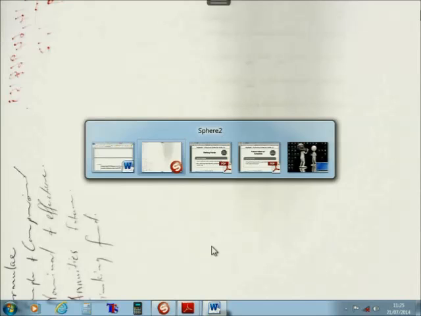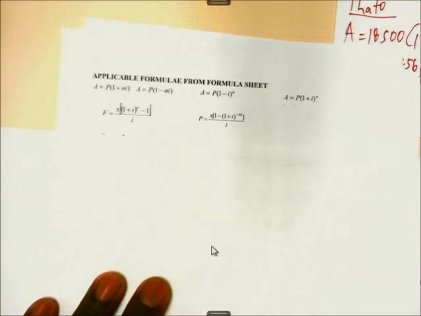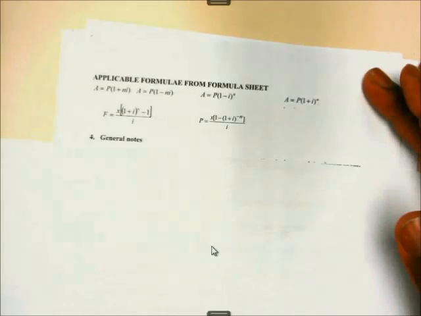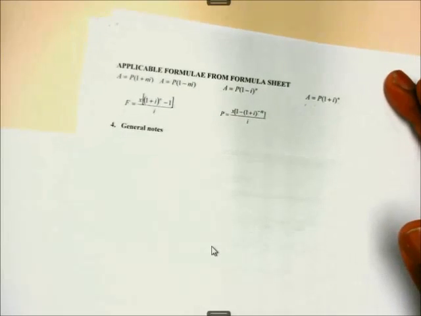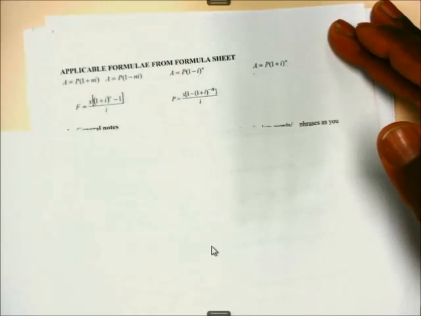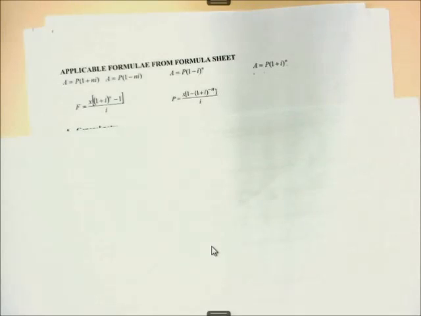Here are the formulas that we've listed here. We have to identify the formula that is relevant for reducing balance.